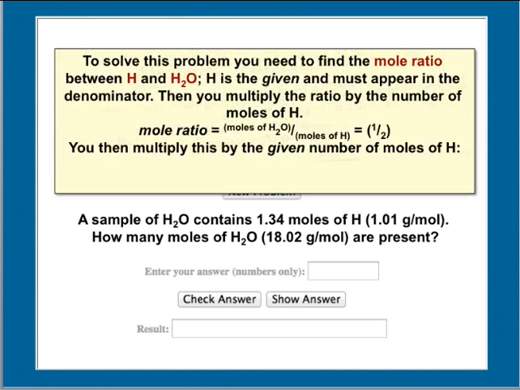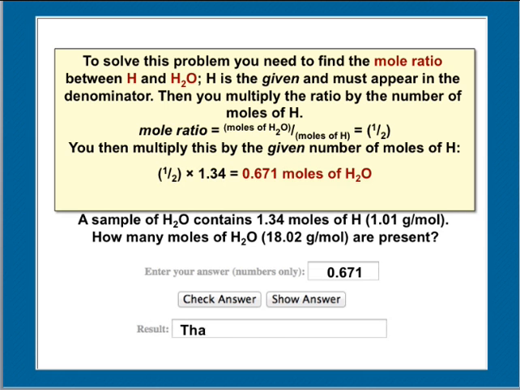So we would set it up like this: moles of water, moles of hydrogen, because again, our given is moles of hydrogen. When we multiply this by the given, 1.34, we get 0.671. So half of it. Any questions? Simple exercise based on mole ratios.